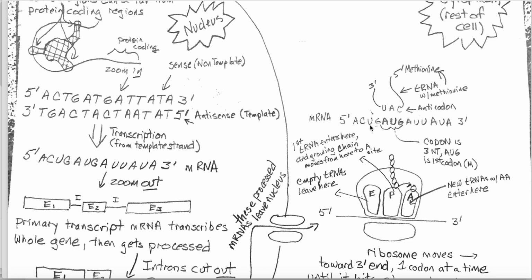And on that mRNA, someplace near the 5' end, there's the first codon, and a codon is a group of 3 nucleotides, and 3 nucleotides are required to code for 1 amino acid. That's really important. 3 nucleotides is a codon. 1 codon codes for 1 amino acid, and 3 nucleotides makes up 1 codon.